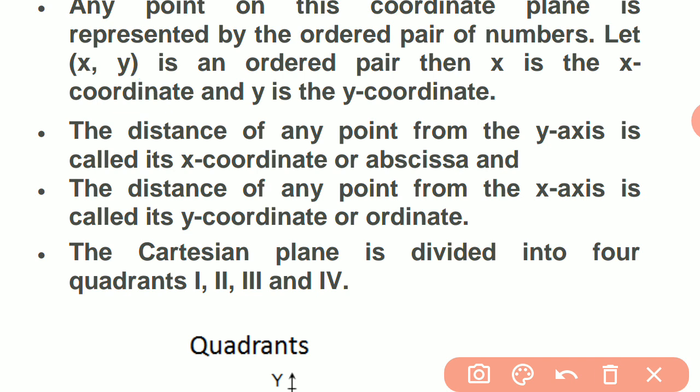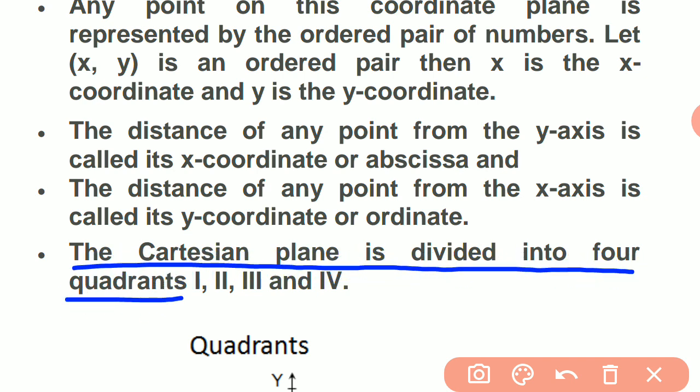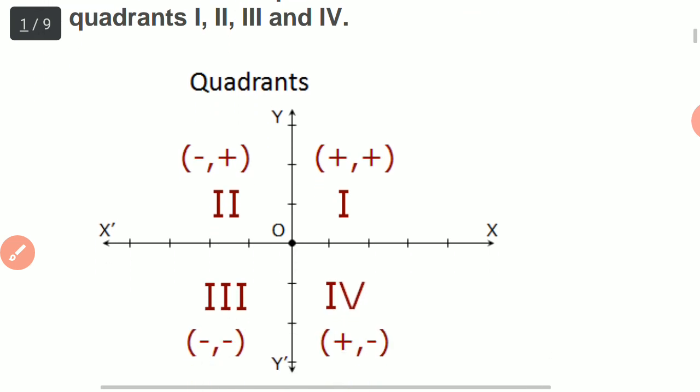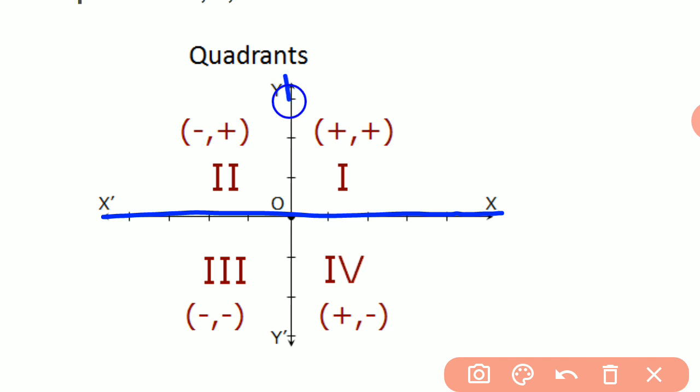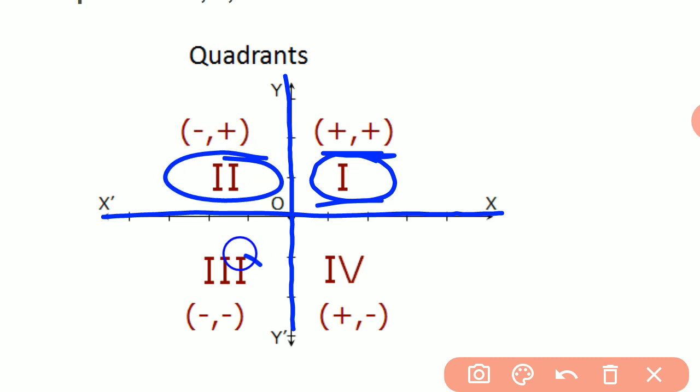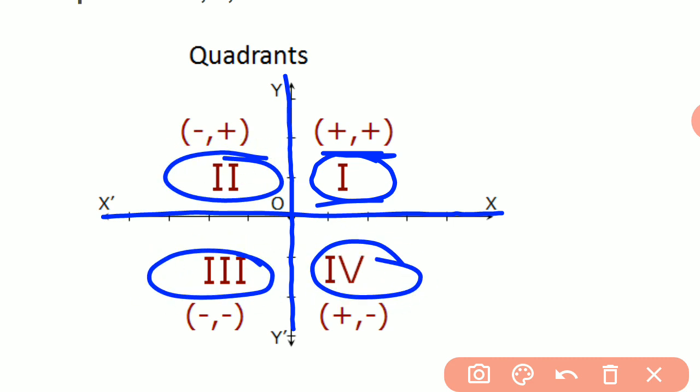Next, the Cartesian plane is divided into 4 quadrants: first, second, third and fourth. It means when we draw a horizontal and a vertical line, the plane divides into 4 parts, and this part is known as the first quadrant, this is the second quadrant, this is the third quadrant, and this is the fourth quadrant.